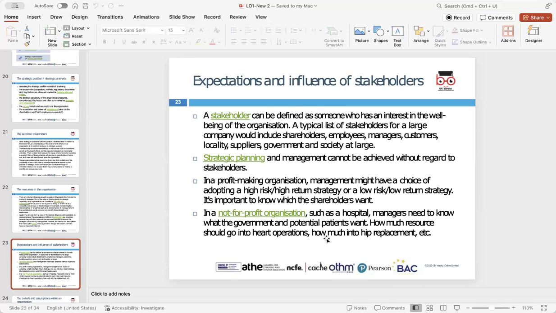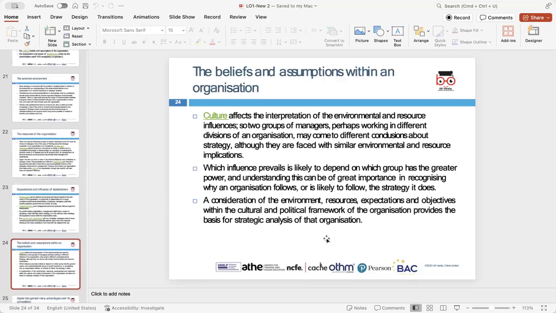So, effective strategic management must consider the interests and expectations of these stakeholders. Any questions so far? No.